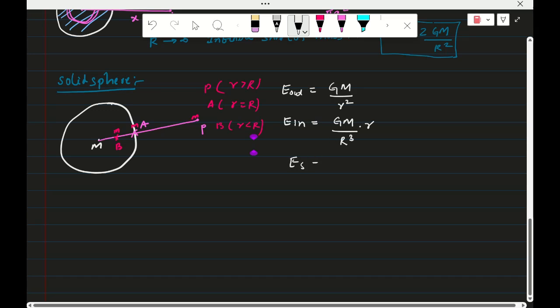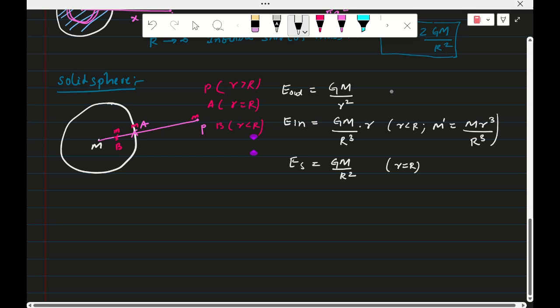Field on surface is Gm by R square, which is equal to g. So this is field on surface, meaning r is equal to R. Field inside means r less than R. So that is due to effective mass m dash. That m dash is equal to capital M into small r cube by capital R cube. In self energy, this is very important.